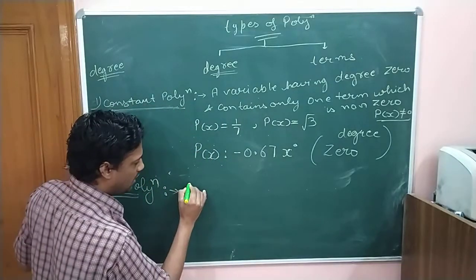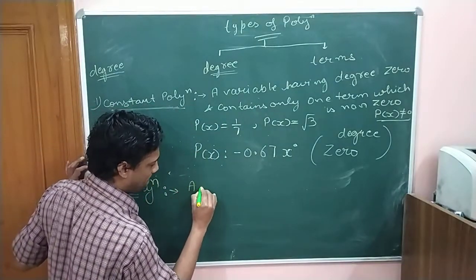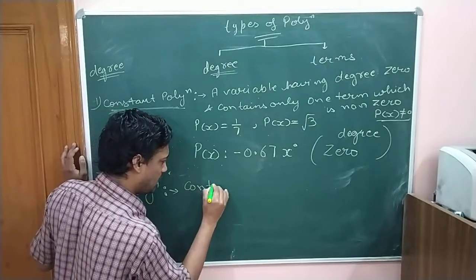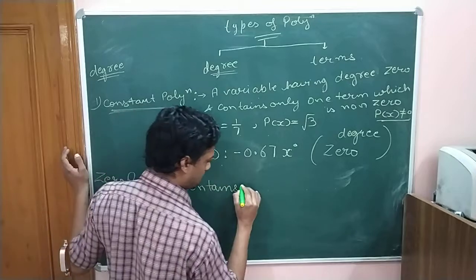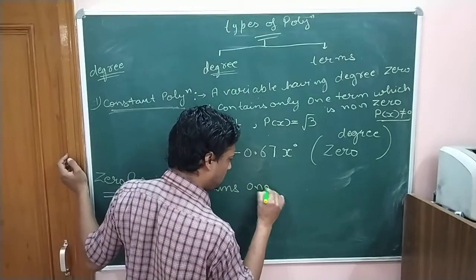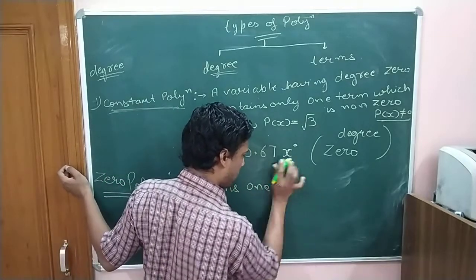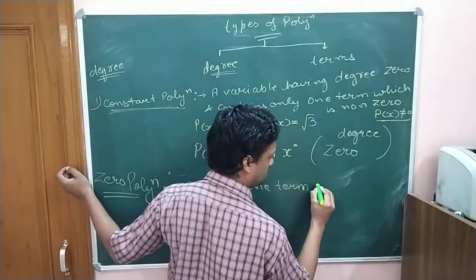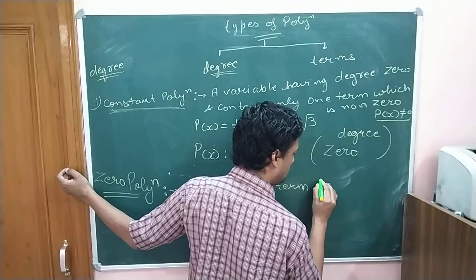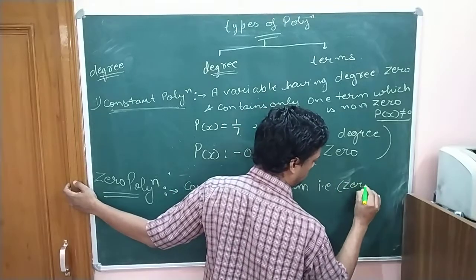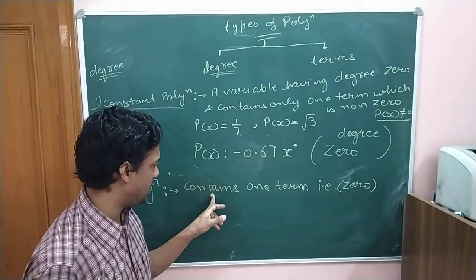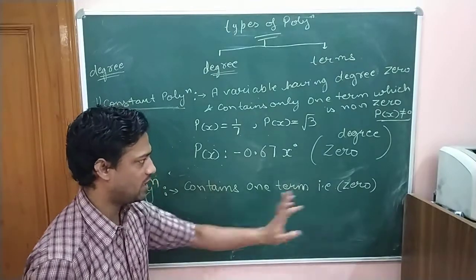Now, the zero polynomial. It contains only one term, that is 0.